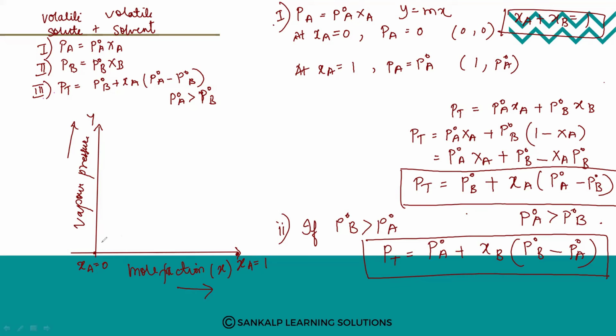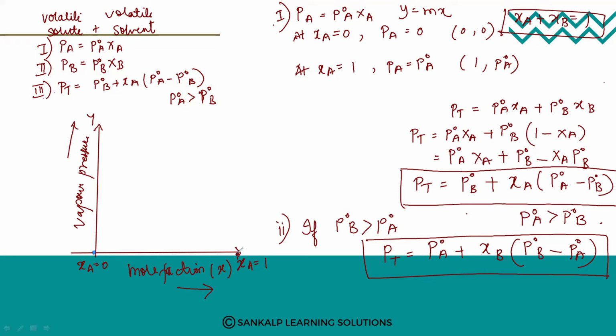P of A will be equal to 0, so it will be on this side, at 0 itself. I'll take another color. So at chi of A equal to 0, P of A will be 0. So both are at 0.